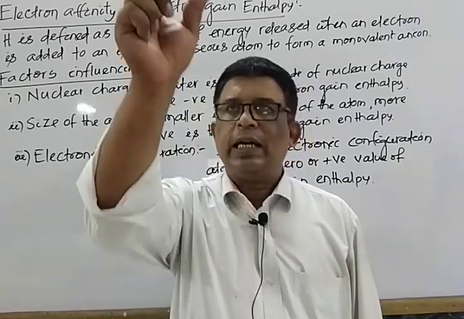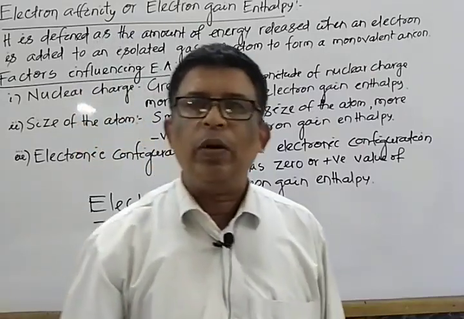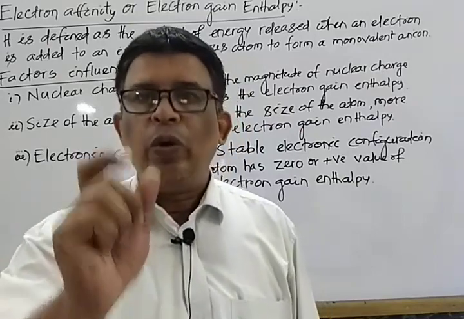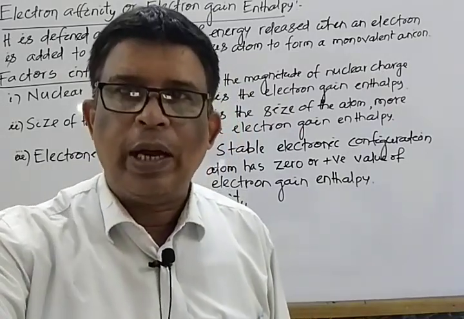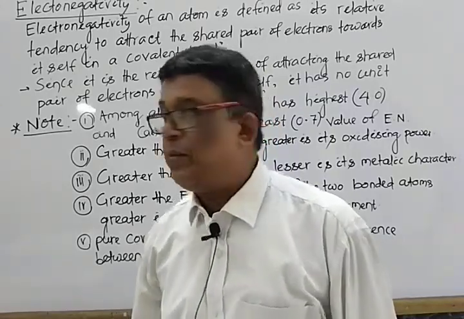And this value gradually decreases from top to bottom and gradually increases from left to right. Then on the basis of this electronegativity, we have to write some important points. Next, note down the definition of electronegativity. Mark that.